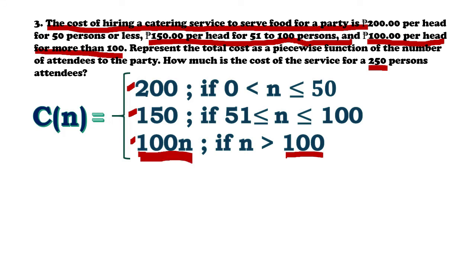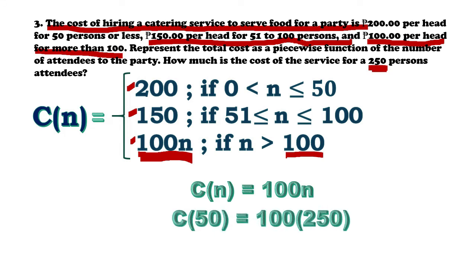Okay. C of n is equal to 100n. Since our n is 250, therefore C of 250 equals 100 times 250, which is equal to 25,000 pesos.